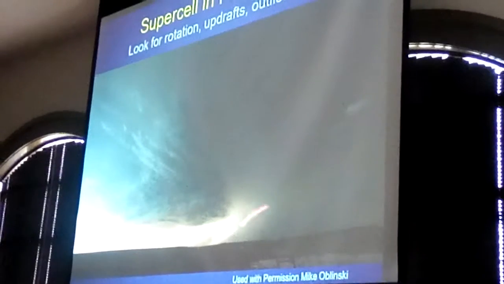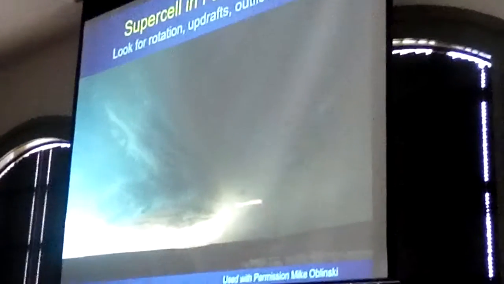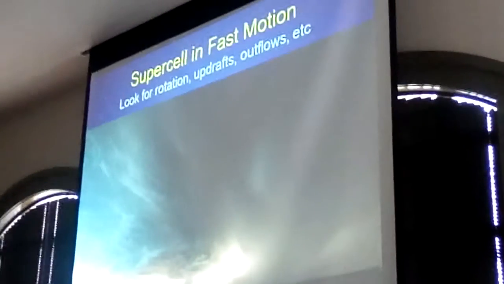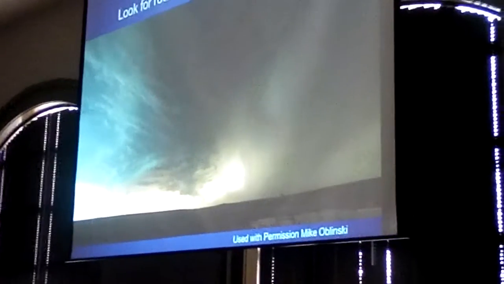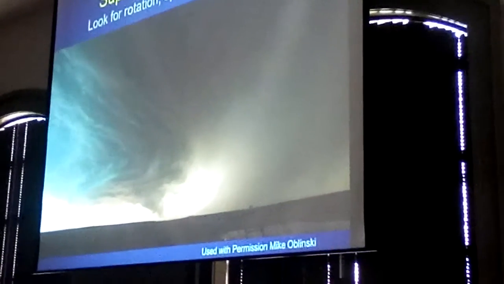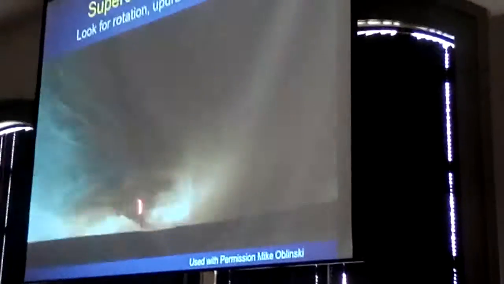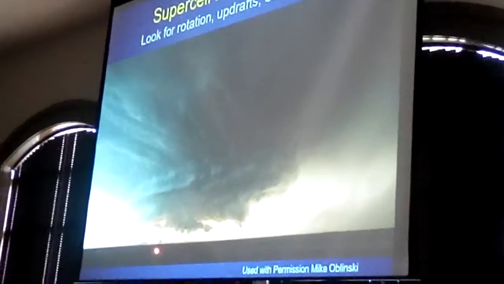There's your rain area here. Now, watch the formation of a wall cloud here. The rain-moistened air is going to feed back up into the updraft right there, and you'll get a wall cloud forming. That's really what the wall cloud is. See it there? You can actually see the rain air feeding back into the updraft. Now you'll see almost like a little bit of a tornado trying to form there.